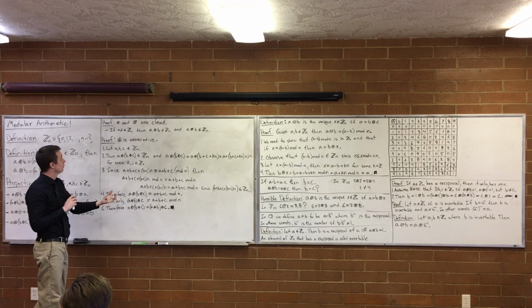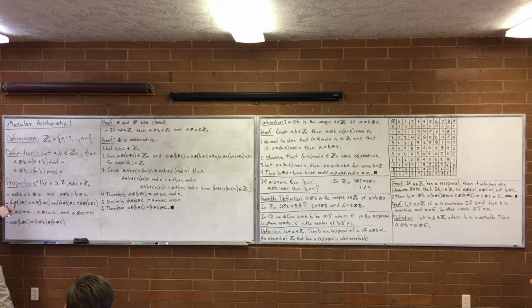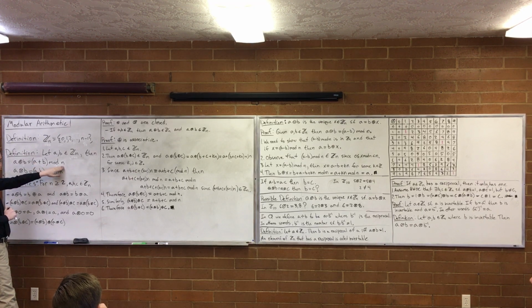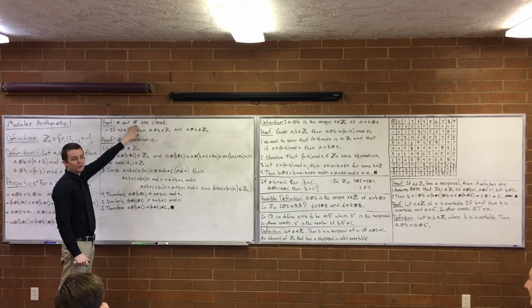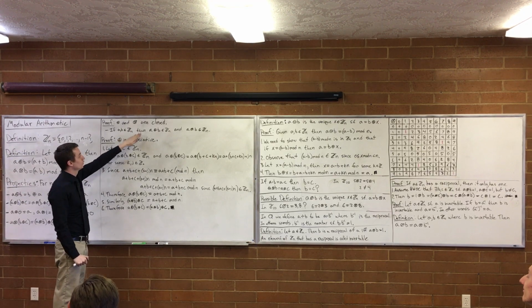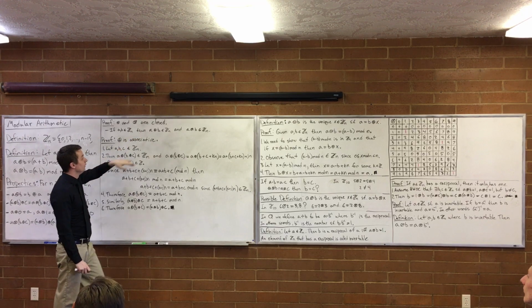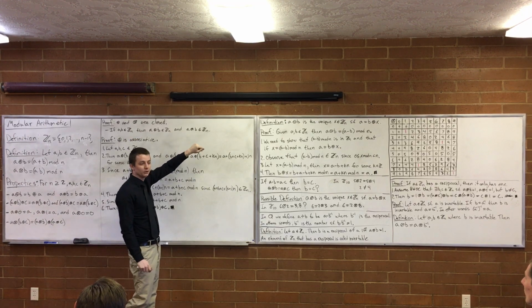Which is pretty obvious because it's going to be a plus b mod n. It's the remainder. When you add these, the remainder is always between 0 and n. Therefore, it's in Zn. Oops, did the proof. Same with times. It's a closed operation. If a and b are in Zn, then a times b is in Zn.